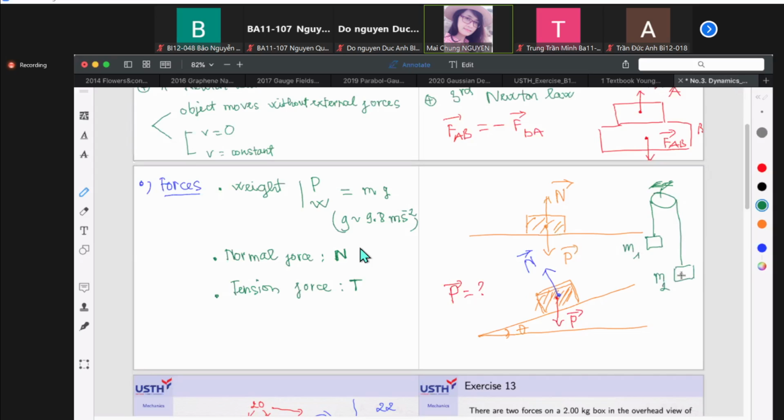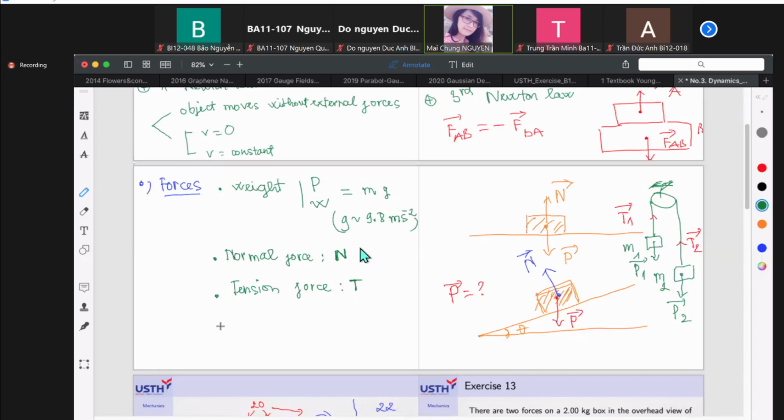In this case, P2 is the weight of object 2, and P1 is the weight of object 1. Other forces here: T2 is the tension force of the cord on the right hand side, and T1 is the tension force of the cord on the left hand side. Is that true? So that is the tension force, for example.